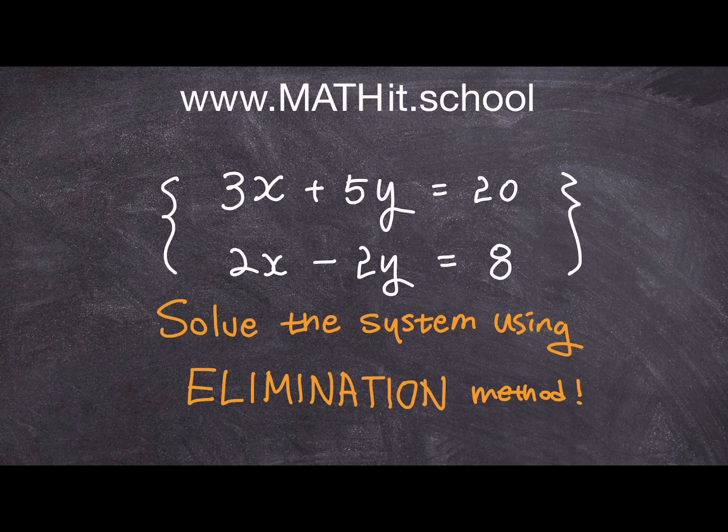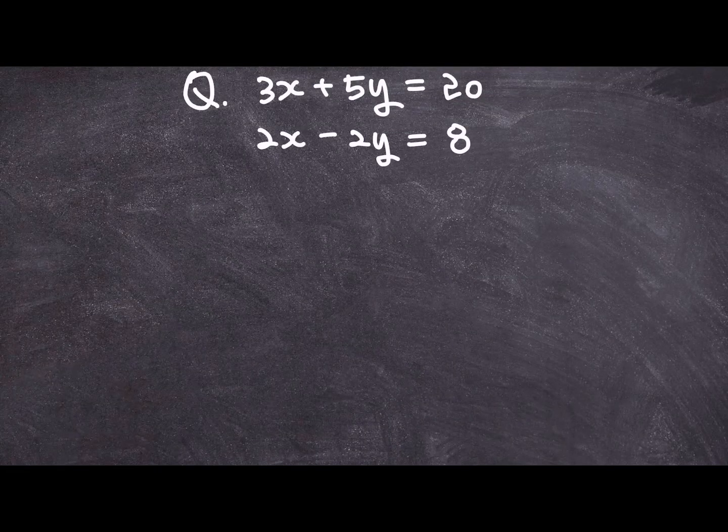Meanwhile, let's move on and solve this problem using elimination method. Now I have the same system right here, and let me show you how I would go about to solve this problem using elimination method.